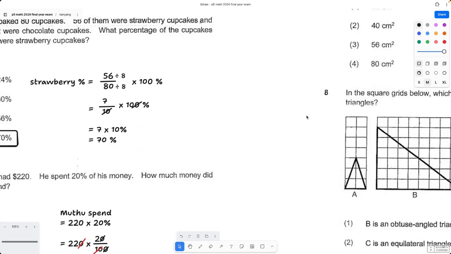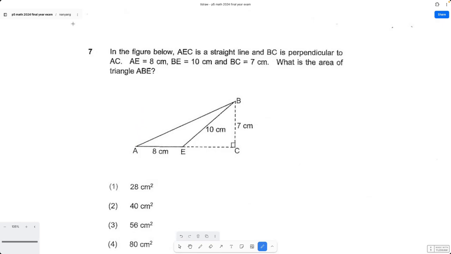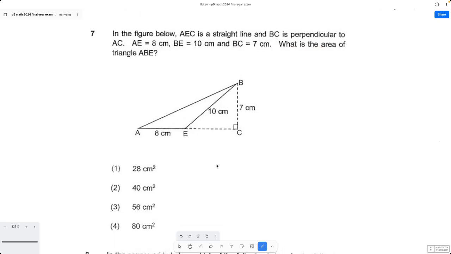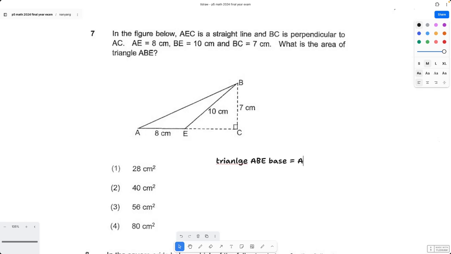Question number 7. In the figure below, AEC is a straight line, and BC is perpendicular to AC. AE is equal to 8 centimeters, BE is 10 centimeters, and BC is 7 centimeters. What is the area of the triangle ABE? So in this case, triangle ABE base is equal to AE, which is equal to 8 centimeters.